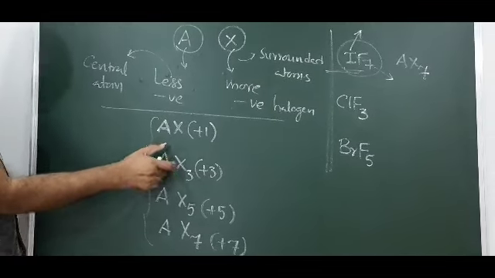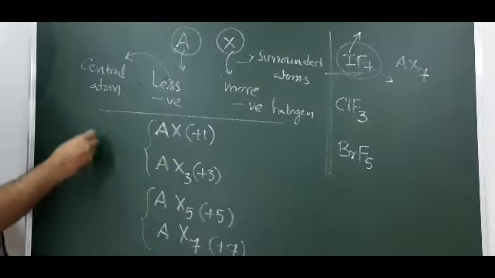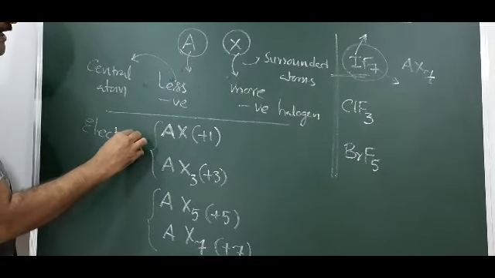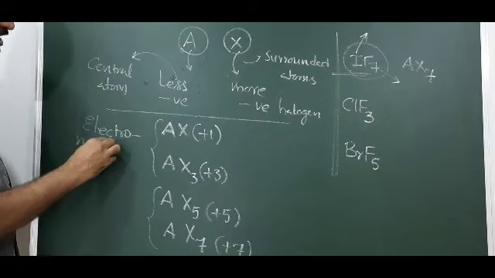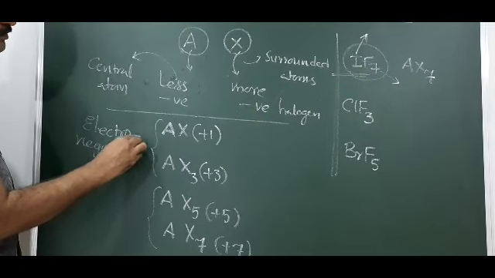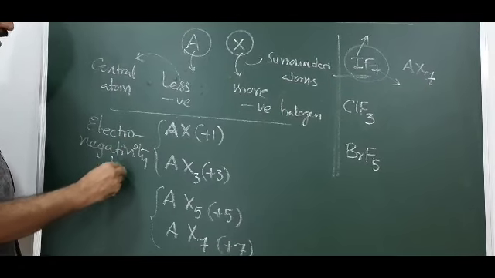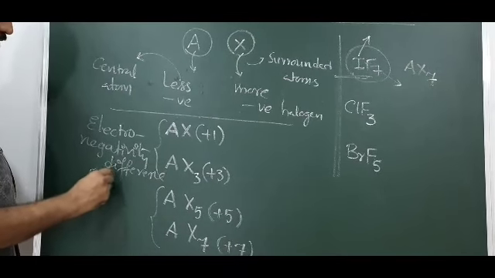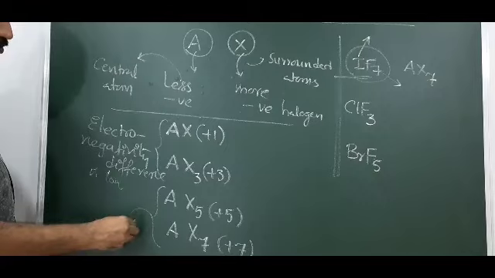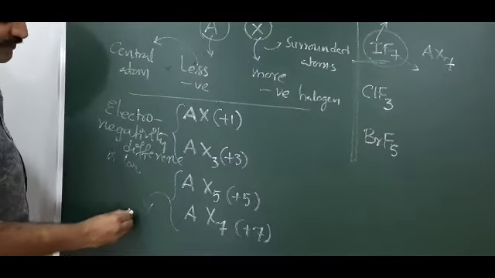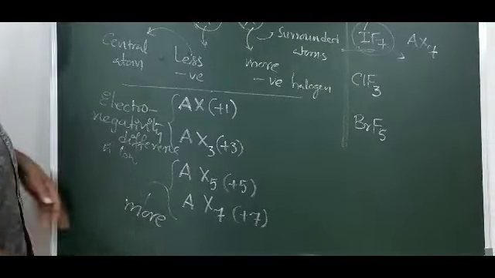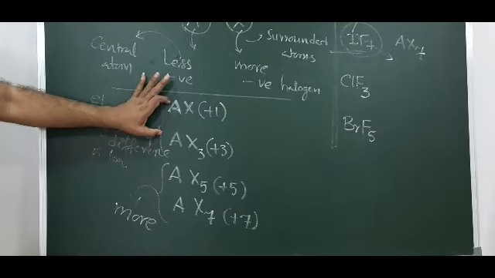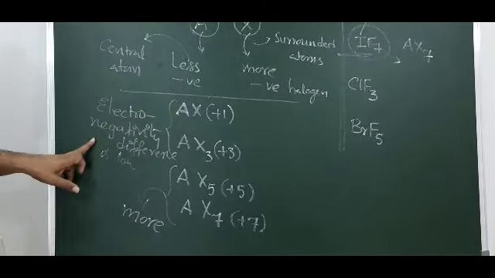This class of interhalogen compounds is generally formed when the electronegativity difference is low. This other type is formed when the electronegativity difference is more, due to the larger electronegativity difference. These are formed by the smaller electronegativity difference.